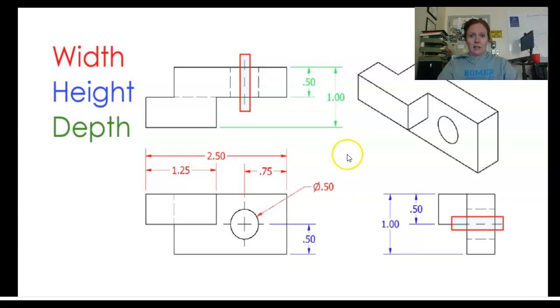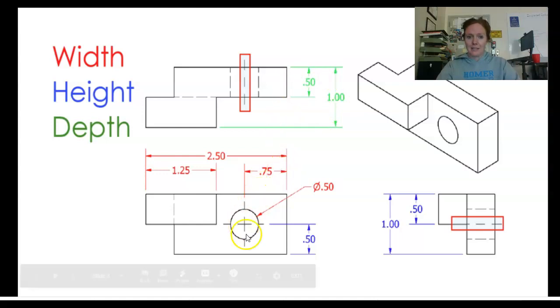So overall, the top view will always show the depth of the object. So when we're talking about depth, we're talking about this. How far back does it go when I'm looking down at it? And those dimensions are always placed here to the right side of the top view.